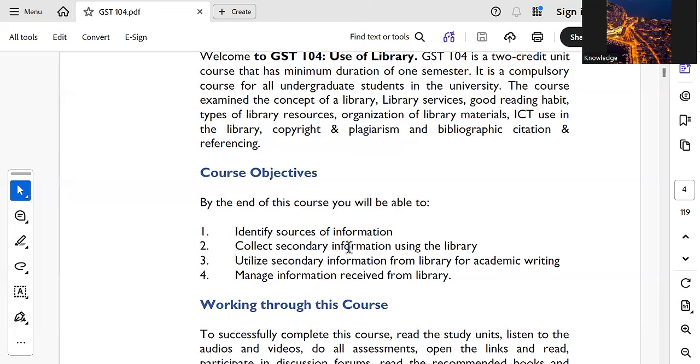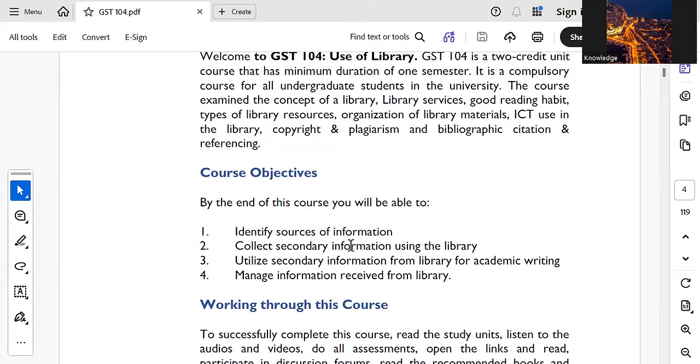And you'll be able to collect such information from the library. This course will also tell you how to utilize secondary information from the library for academic writing. At the end of this course, you should be able to use the knowledge you gain to write any form of academic writing, including a final year project, because you are going to see a lot of resources in this course that will help you in your future project.